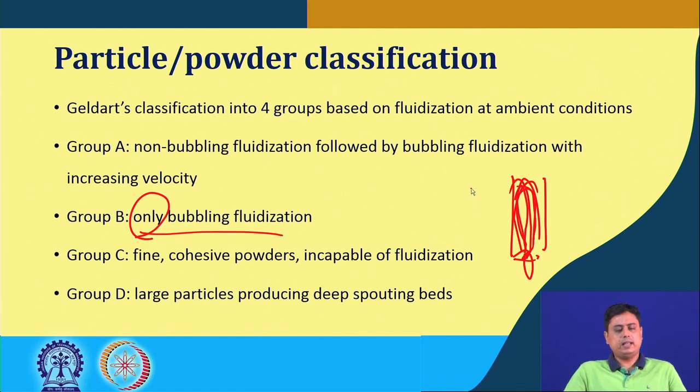So, once again we have 4 categories of fluidizing material based on their fluidization characteristics at ambient condition: group A, group B, group C, group D. Group C particles are typically incapable of fluidization; these are very fine, powdery state material. Group D are relatively larger size particles.